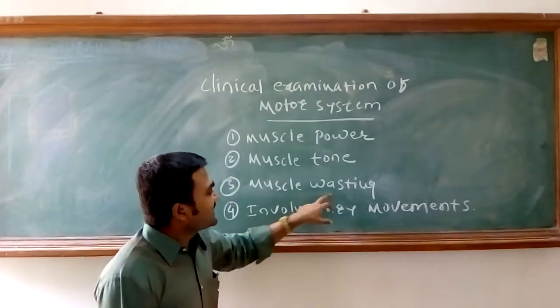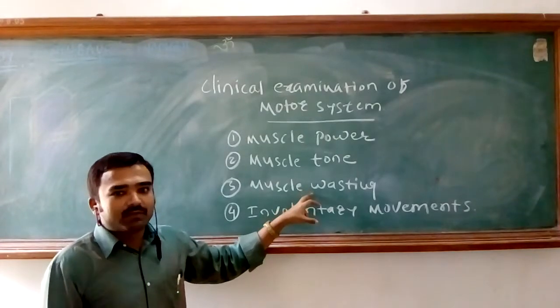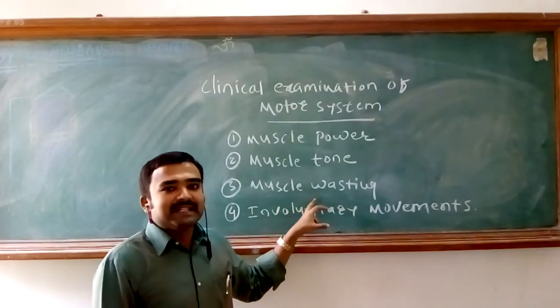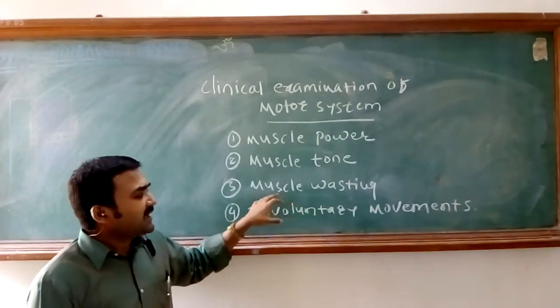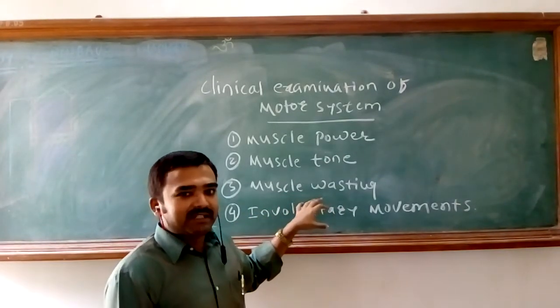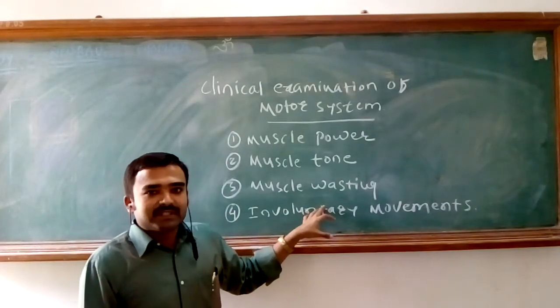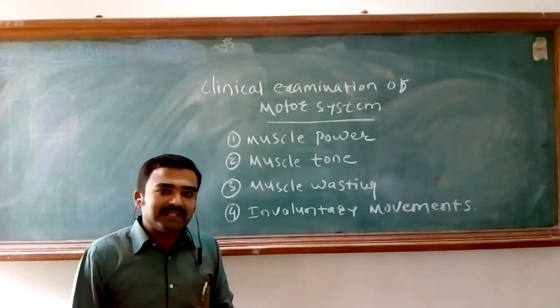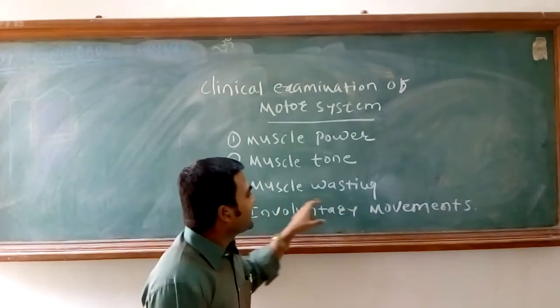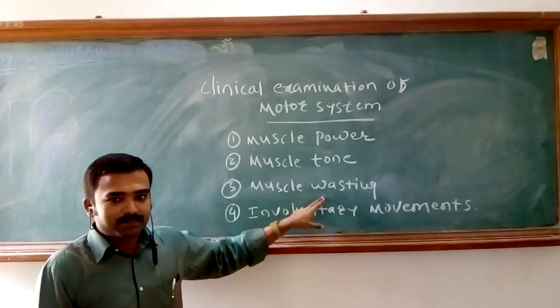So muscular wasting is nothing but atrophy of the muscle. The muscles become atrophied. The person will be lean, thin and emaciated. Suppose you are sitting in your OPD and a patient visits your chamber, and on general examination you find that his limbs are very lean and thin, the person is emaciated, he may be suffering from muscular wasting.